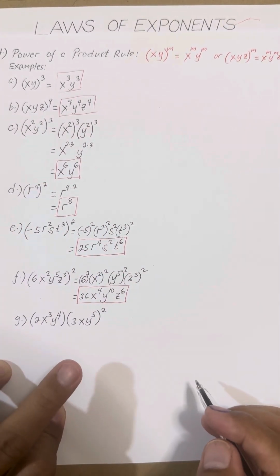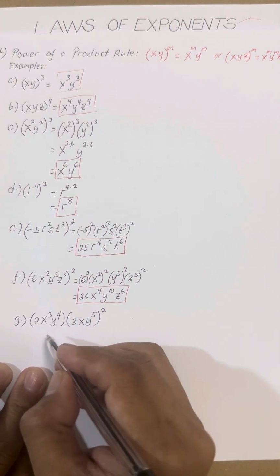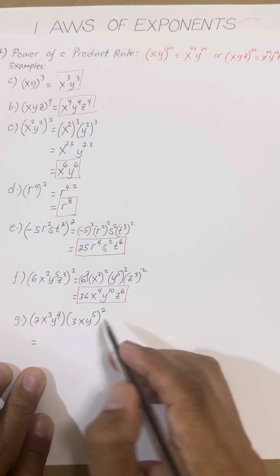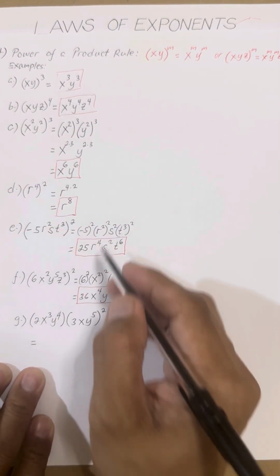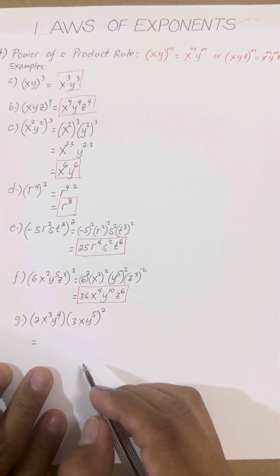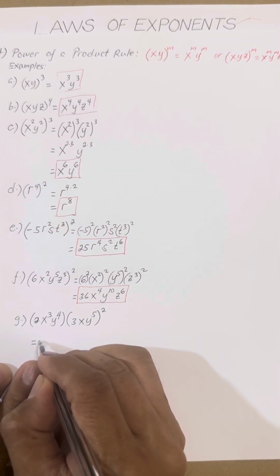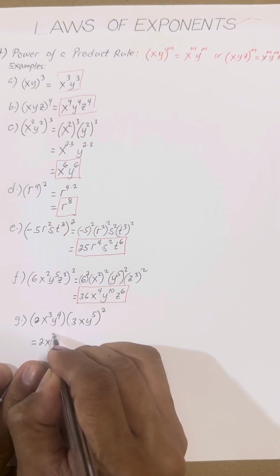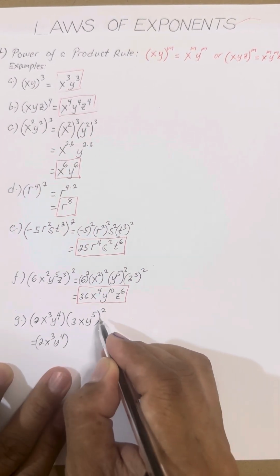Right, so how are we going to solve this? First, we need to deal with this first, like what we are doing in the above examples. Then just copy this one. So we have 2 times x cubed times y to the 4th power. Then deal with this, distribute the power.